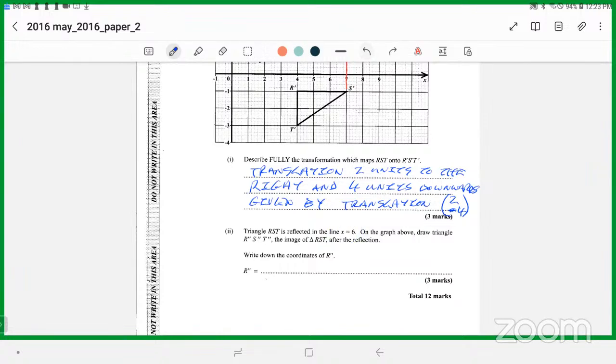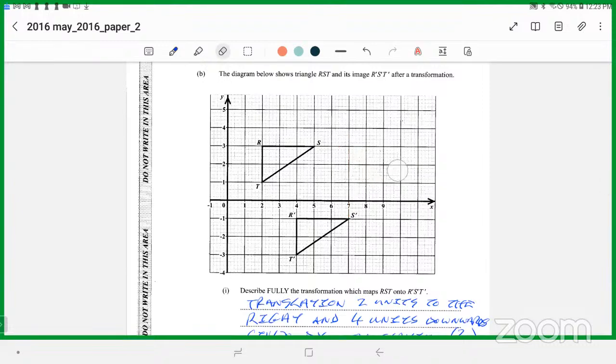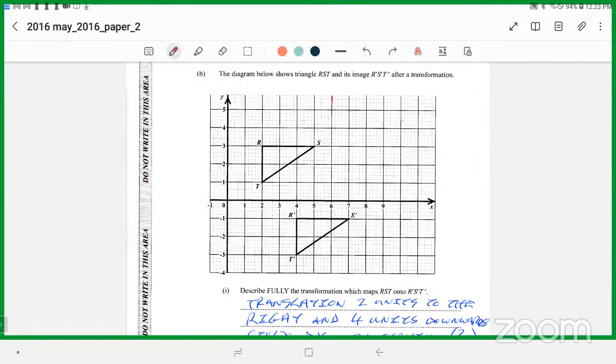You need to show that line on the diagram. All right, let me erase these. I'm going to show the line x equals 6 here, the vertical line passing through 6. That's how I learned about those lines. That's our mirror line, and you're reflecting this in the mirror line.